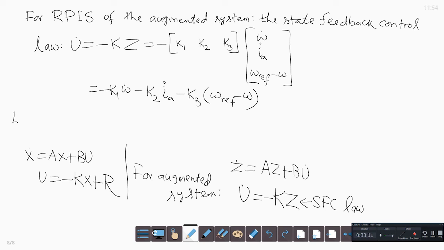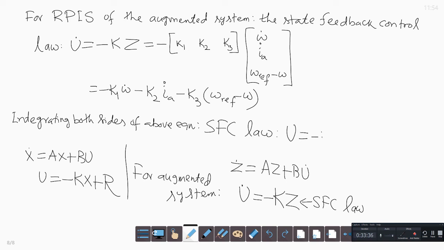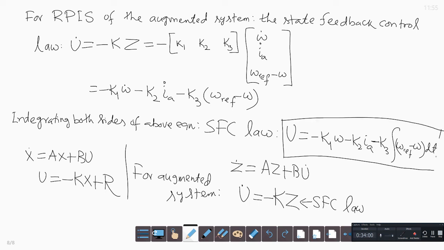Now, integrating the above, the state feedback control law becomes u equals minus K1 omega minus K2 Ia minus K3 integral of omega reference minus omega dt, because we are integrating with respect to time. This is the state feedback control law for the regulation problem with internal stability.